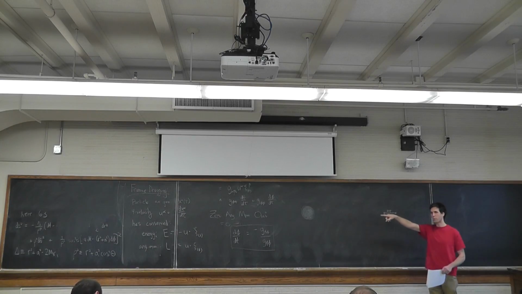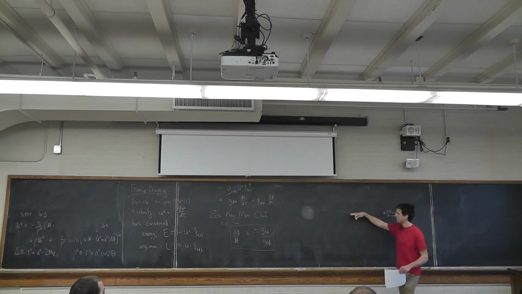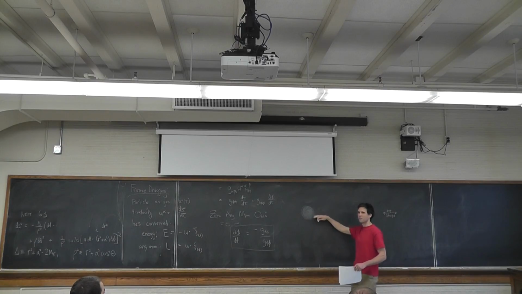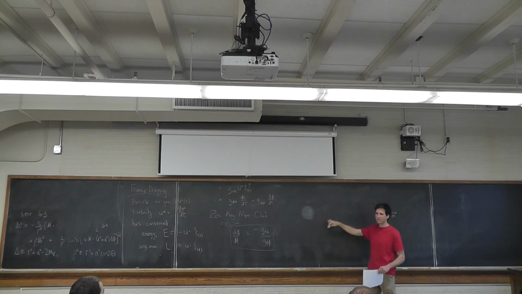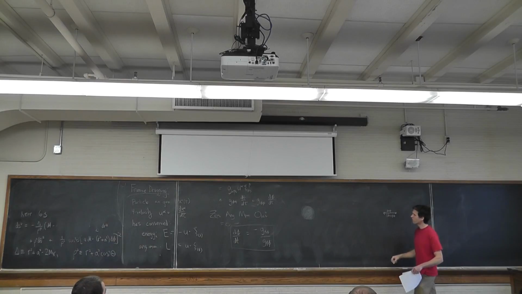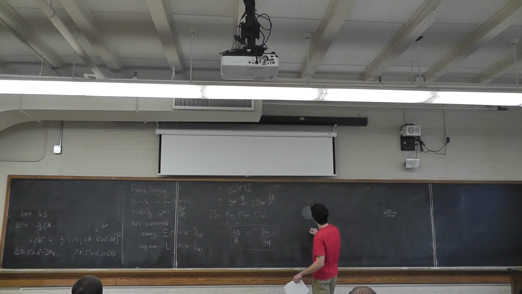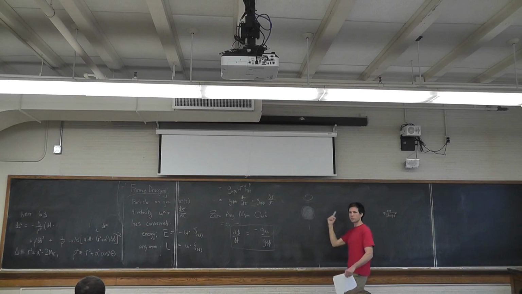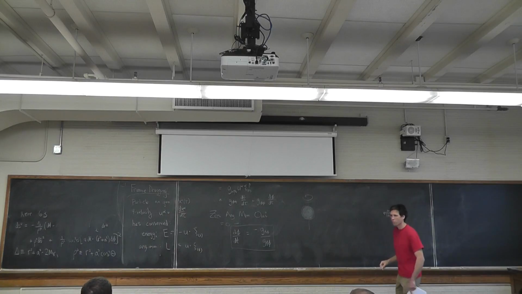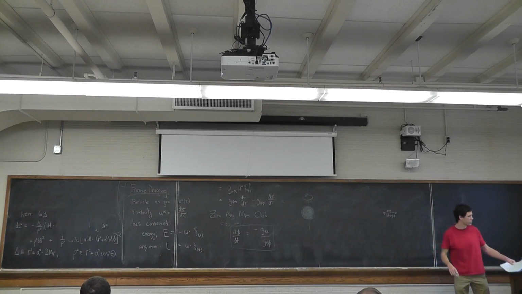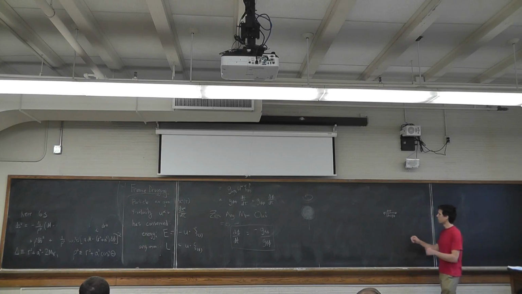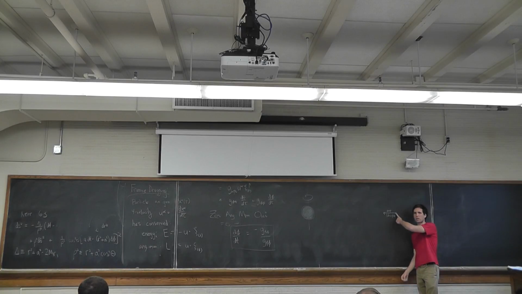If it were Schwarzschild, it would just fall into the black hole like this and hit right there. But for Kerr, let me put the axis of rotation like this. So it's rotating around in the phi direction this way. We started this object just sitting at rest at infinity.